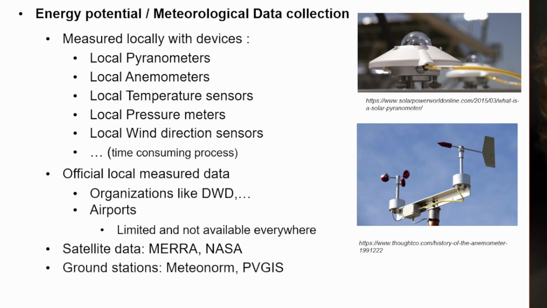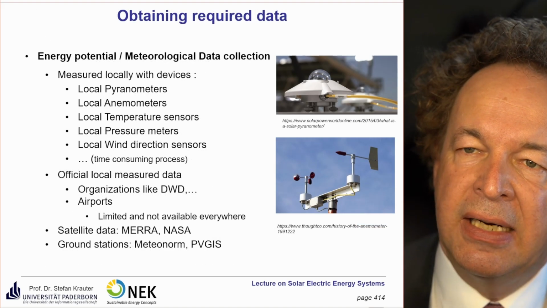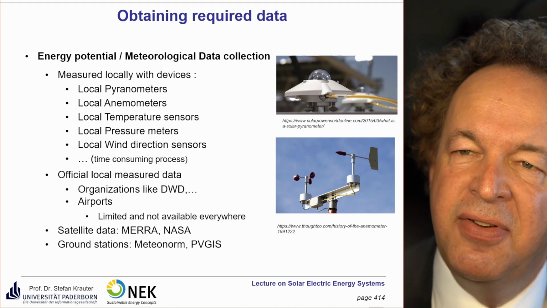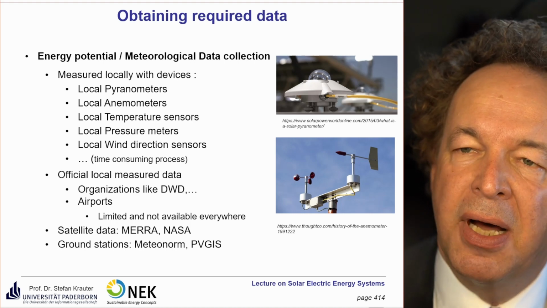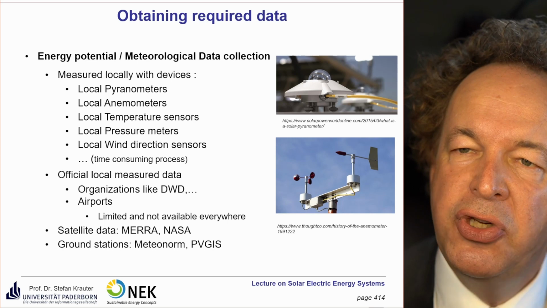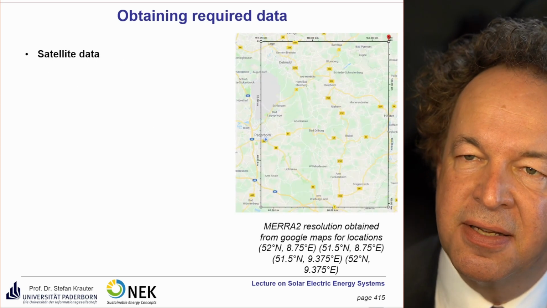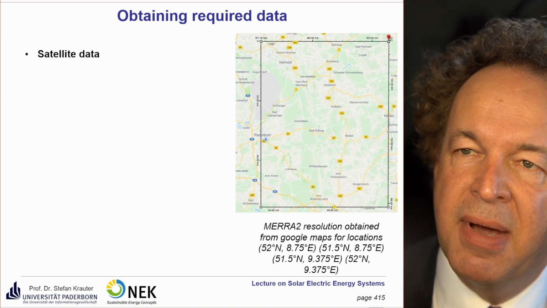Also, you can use data collections of ground-based measurements, which also have an interpolation option, such as Meteonorm or PVGIS. Meteonorm has implemented 8,000 stations around the world. PVGIS is for free, but it only contains data from Europe, from Africa, and some part of Asia, basically the Middle East.